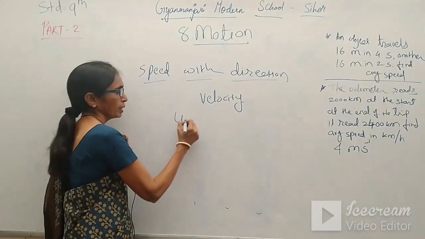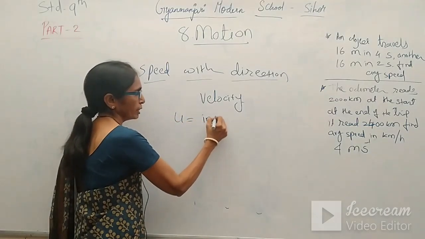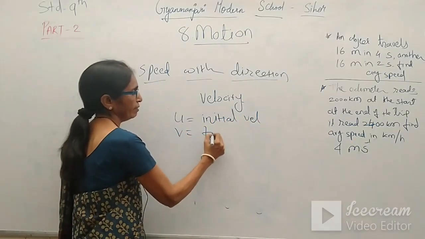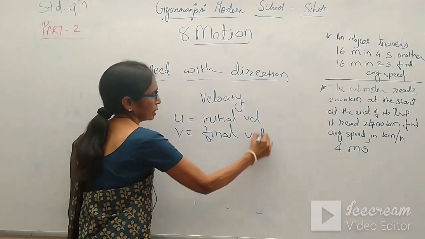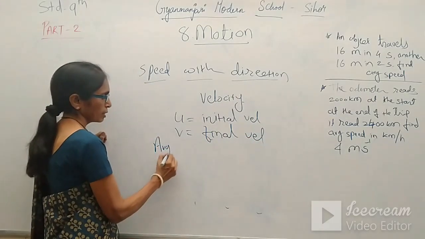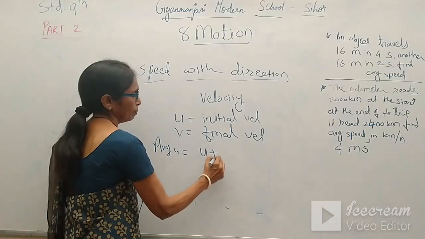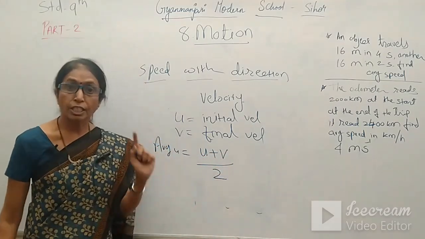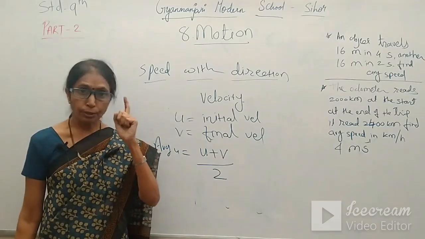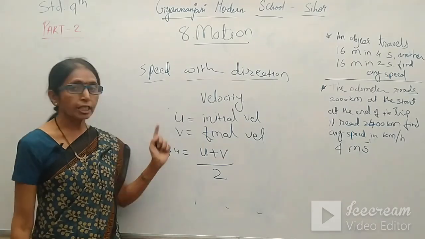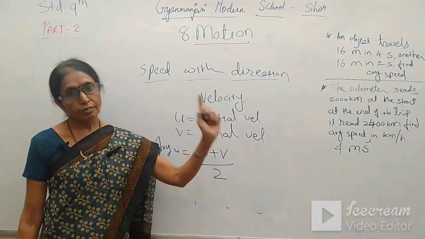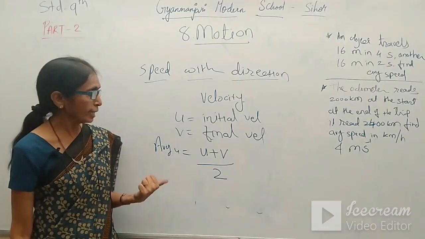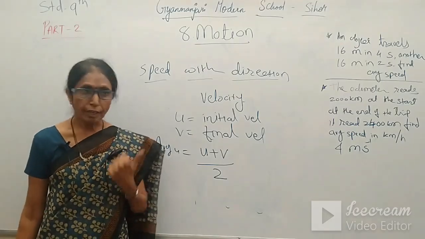Suppose u is the initial velocity and v is the final velocity. So average velocity is equal to u plus v upon 2. For average speed, it is total distance upon total time, or for average velocity, initial velocity plus final velocity divided by 2. In this way we can get the average velocity.